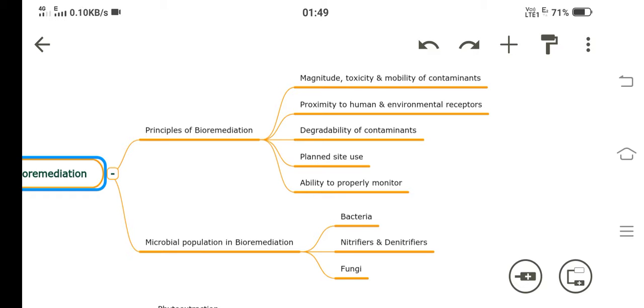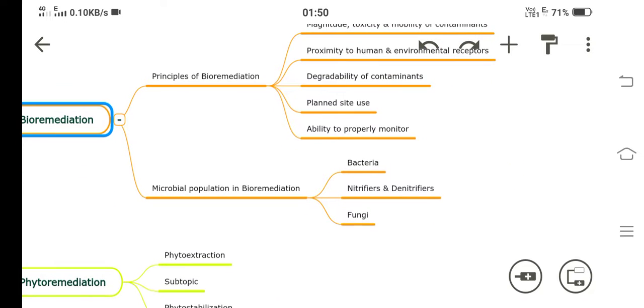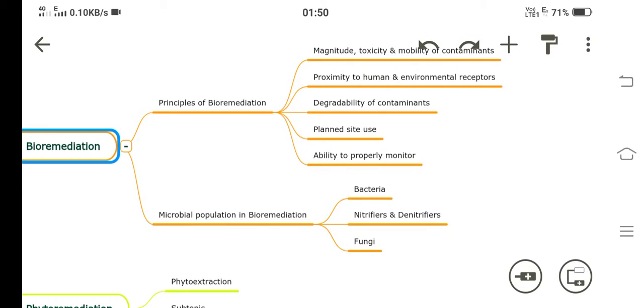In another topic of bioremediation, we studied microbial population in bioremediation, and in that we have studied bacteria, nitrifiers and denitrifiers, and fungi as microbial population in bioremediation.